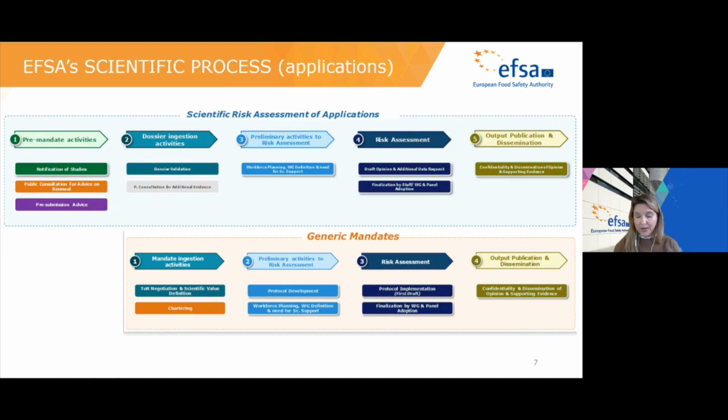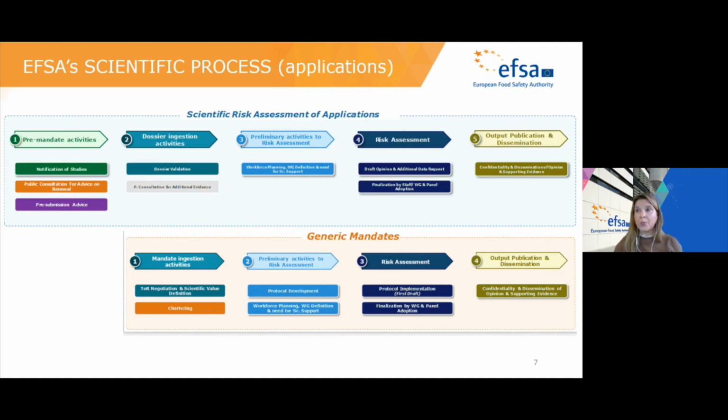Below you can see the process for generic mandates, which is very similar to the scientific risk assessment of applications, with the exception of step number 1, the pre-mandate activity, which is missing. The new step 1 is directly mandate ingestion, with the negotiation of the terms of reference and the scientific value definition.